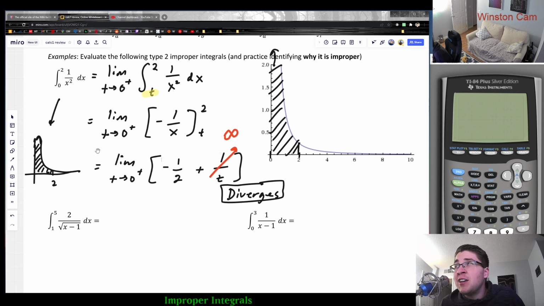So infinity is not the correct answer here. Diverges is the correct answer, and it's a way of saying this is not finite. It could be minus infinity, or it could be infinity. It could just not exist at all. There's a lot of different things that the statement diverges includes, but saying infinity is not generally accepted, even though, as we can see, this amount of area does appear to be infinite.